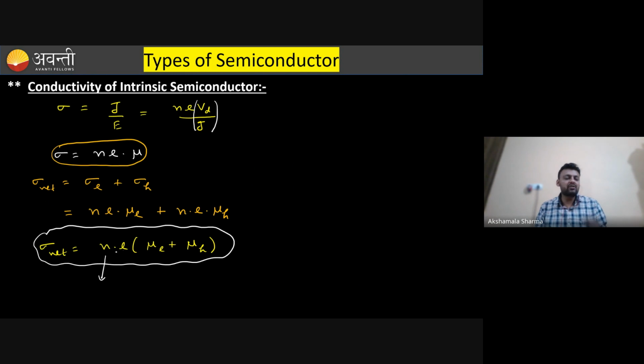E is the charge of the electron. Holes behave as a positive charge with the same charge as the electron. That means E is the charge of either the electron or the hole. Same charge. Mu E is the mobility of electron. Mu H is the mobility of holes. So I can write what is mu here. Mu is the mobility. Clear?